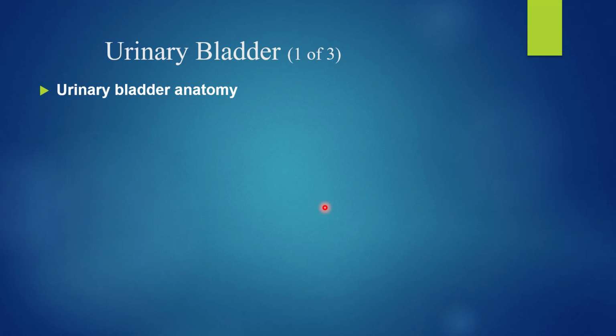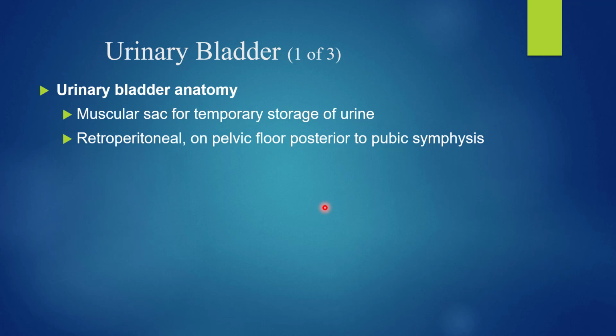Then you have the urinary bladder, which is a temporary storage for urine. It's a muscular sac. It's retroperitoneal. It lies on the pelvic floor posterior to the pubic symphysis.